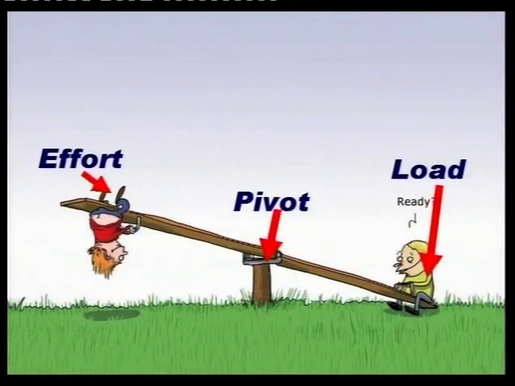Right, good. So all in all, we can see on the lever there is the effort, the pivot, and the load. Those three main things on a lever. Simple example of a lever.